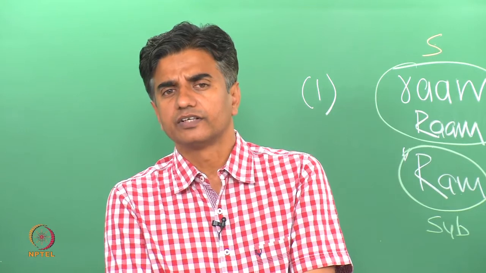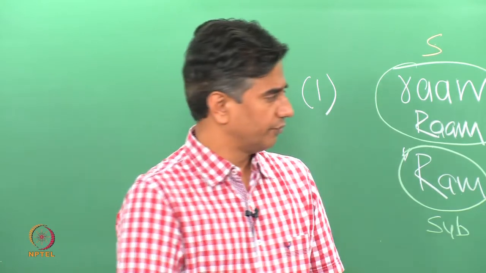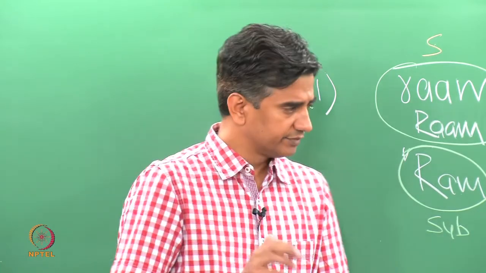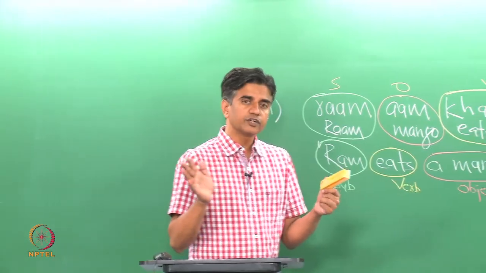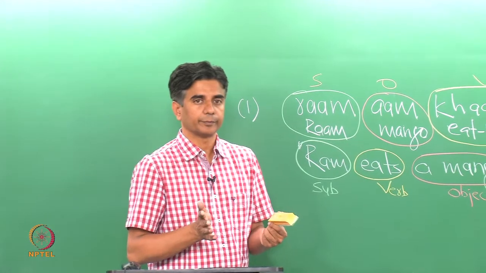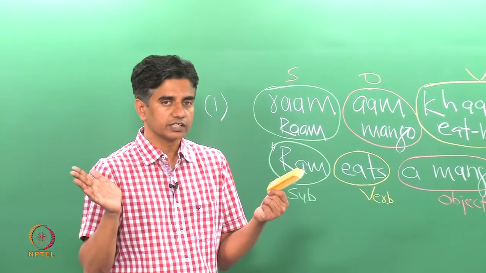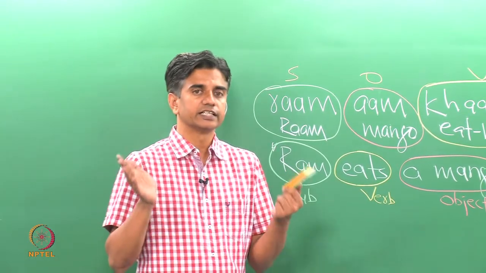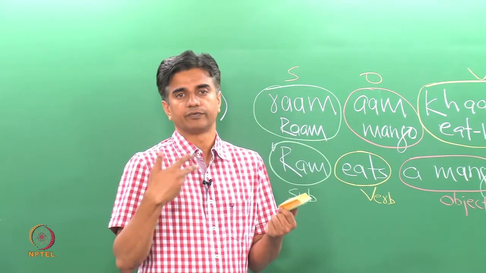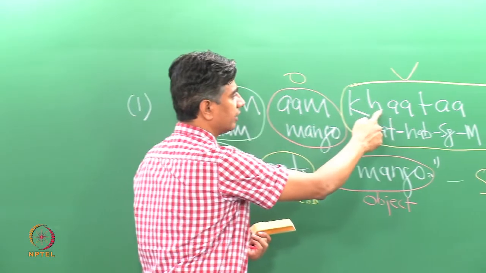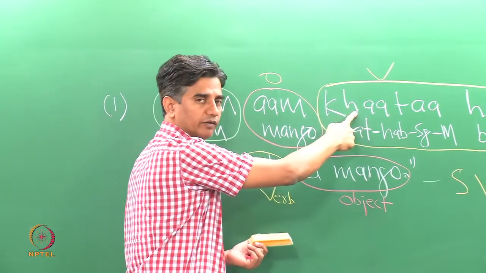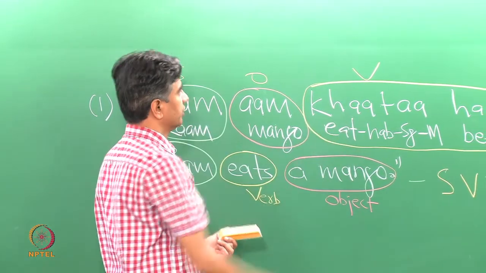Compound verbs are verbs which consist of two verbs together, but they constitute a single linguistic unit, a single semantic unit, and therefore they are called compound verbs. Look at the verb here, an example of the verb here. This is a simple verb, there is nothing compound about it.